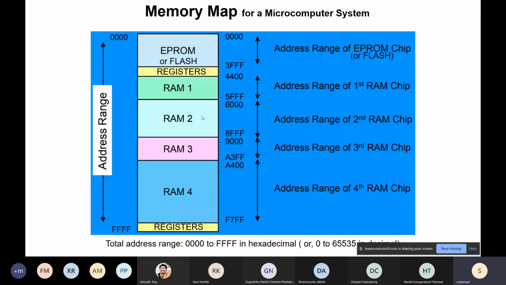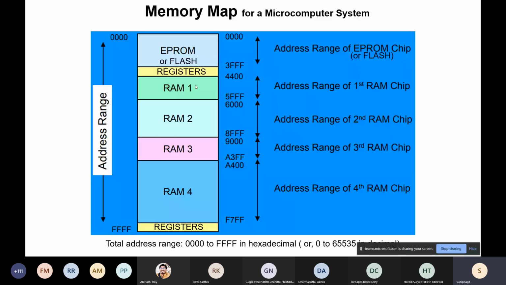Certain microcontrollers help you in that, let's say RAM1 set of locations are inside and RAM2 locations could be off chip. That means this is not inside the microcontroller. So you may connect or not connect this area, but the RAM1 locations may always be present. That is one possibility.